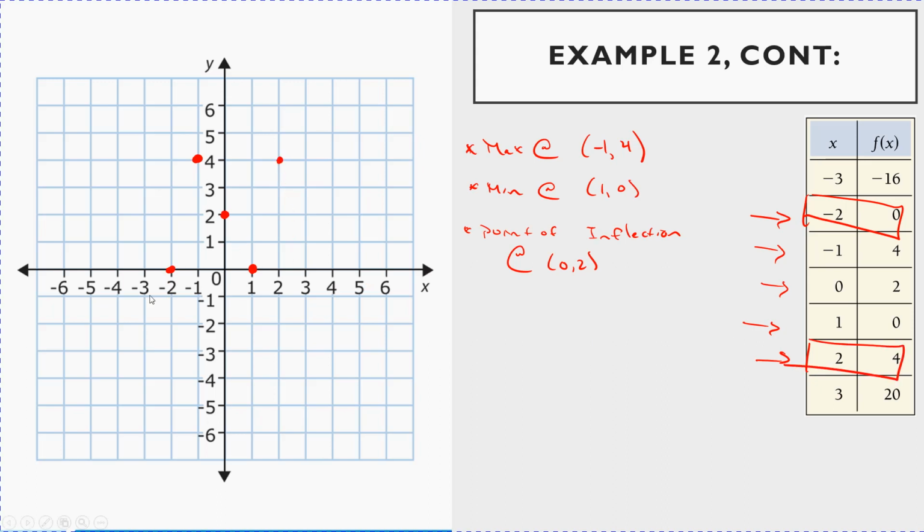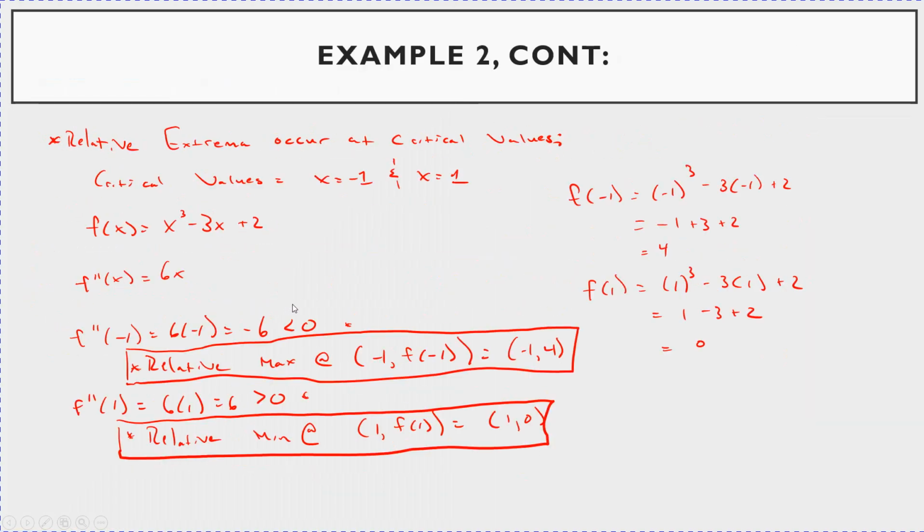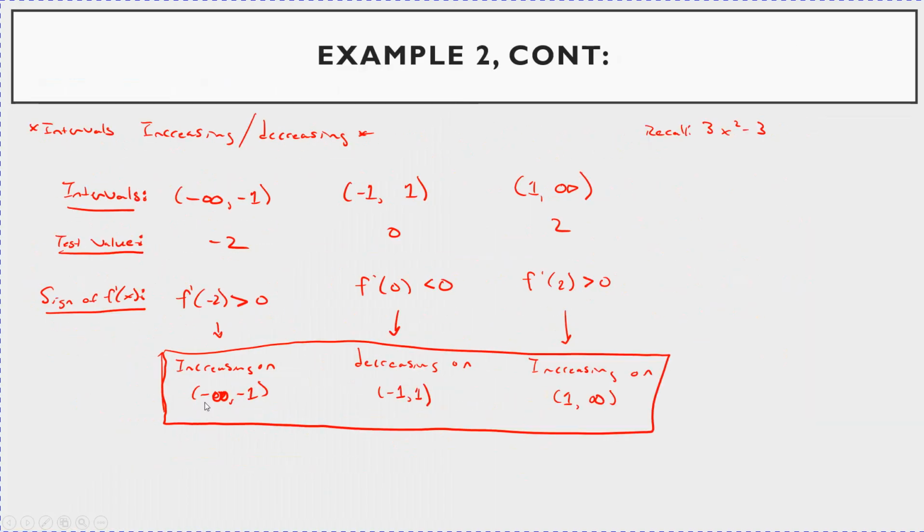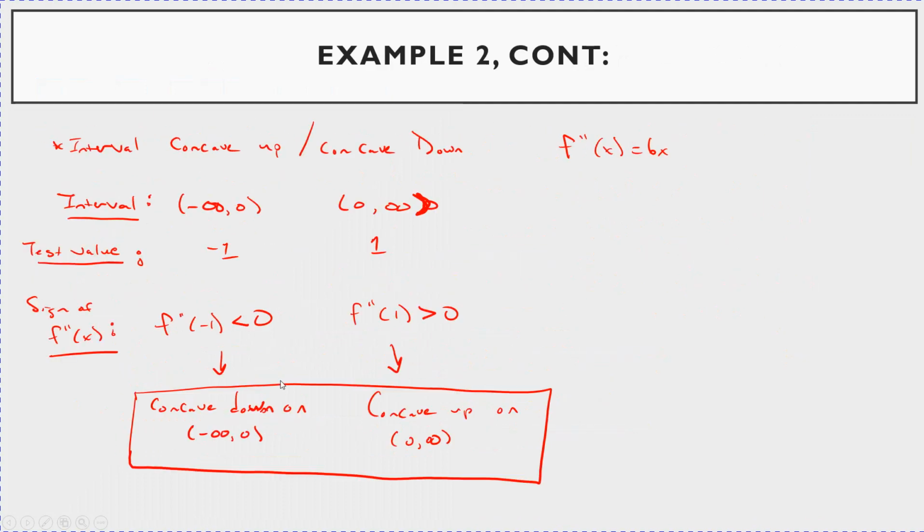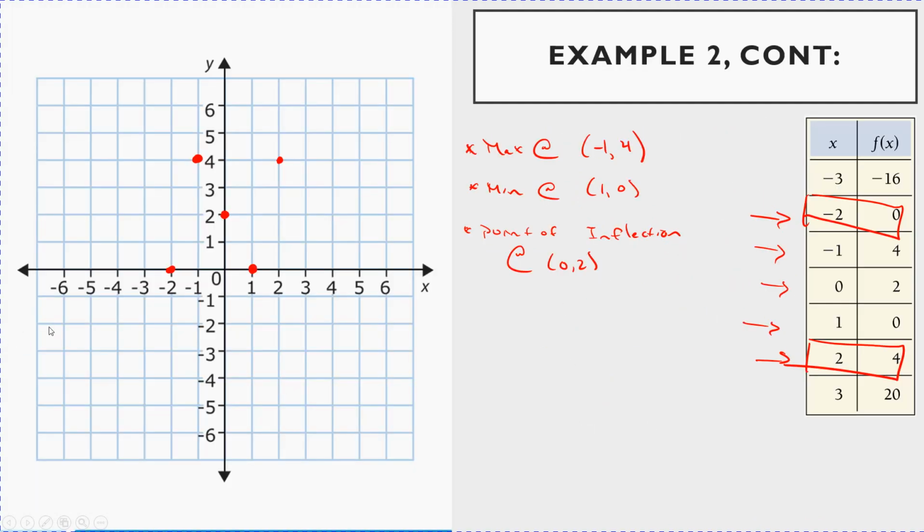So look, going back, now you're going to use your intervals of increasing and decreasing to help you. It's increasing from negative infinity to negative 1. What that means is as you go to the right, the graph is going to go up. The graph is going to be increasing, and my graph is not great here, but hopefully you get the idea, until it hits this max.